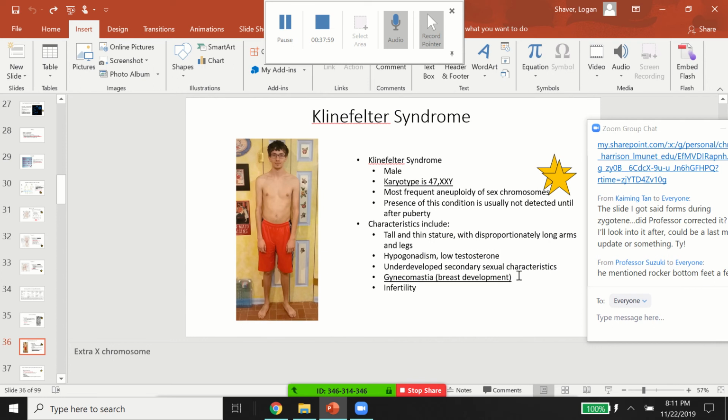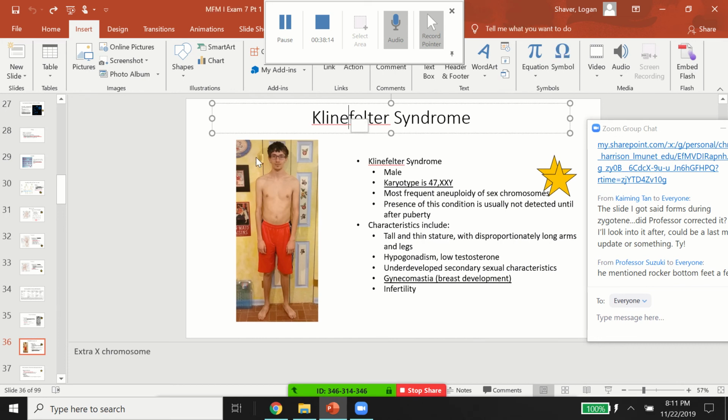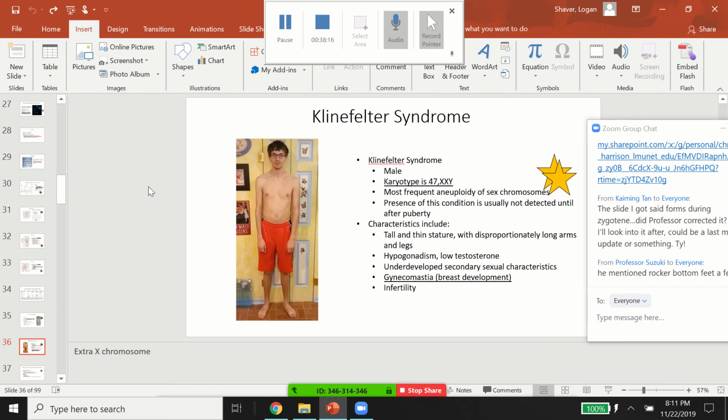So I group all those things together, along with the tall and thin stature. Although that doesn't really differentiate you from Marfan's very well, it does help me specifically. So if it helps me, it may help you.